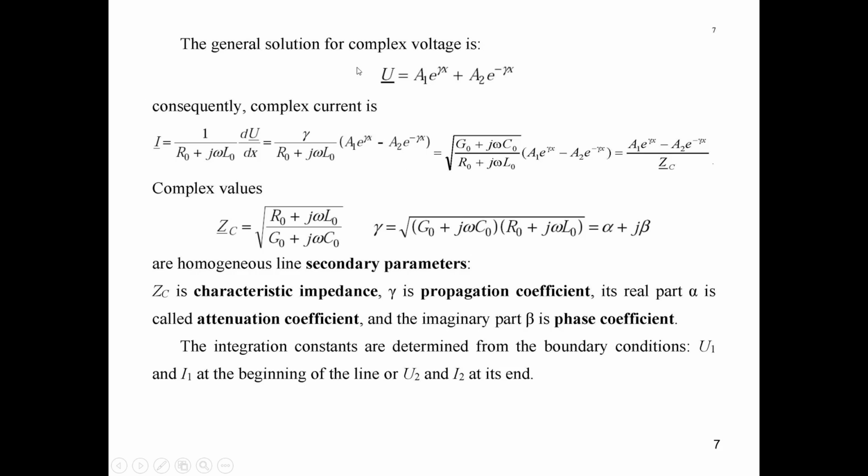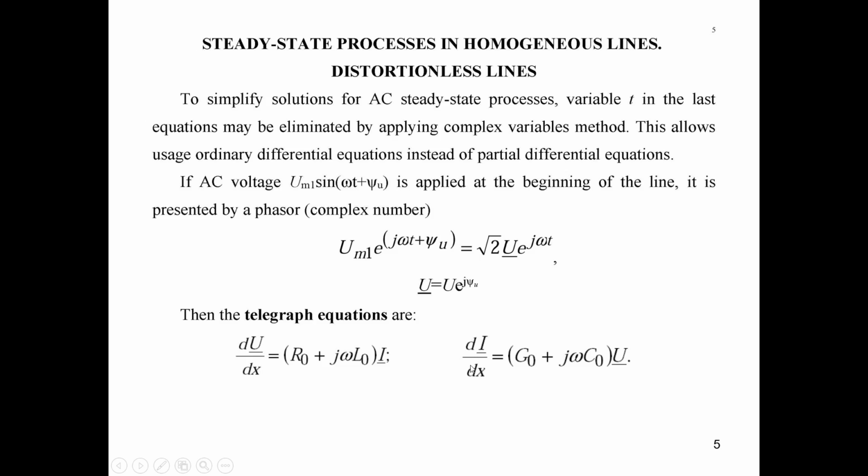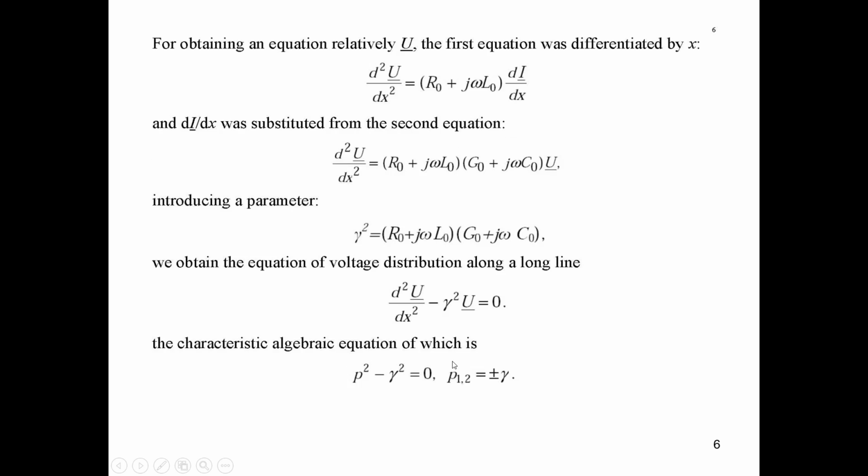So in such a way we've got u, and we are supposed also to get the current I, and we do it in such a way: from the first telegraph equation we express current I as du by dx over this coefficient R0 plus j omega L0.